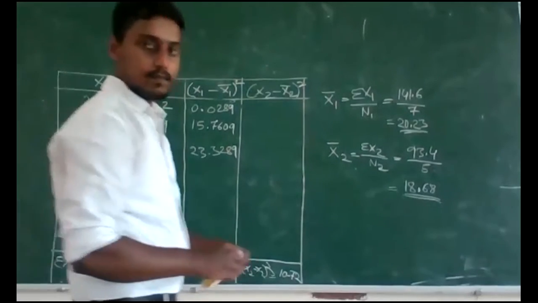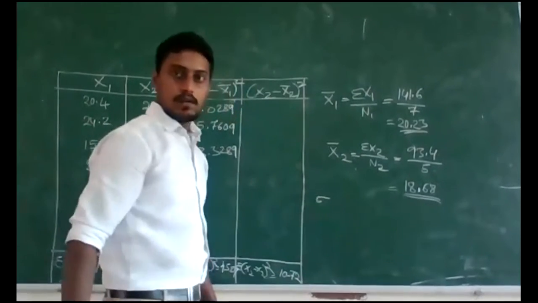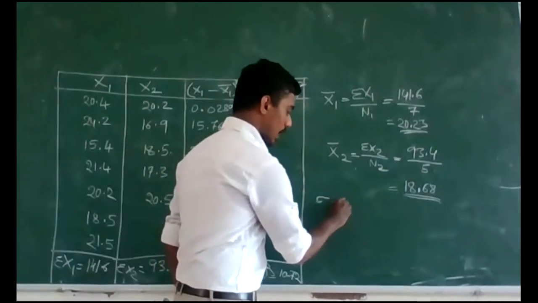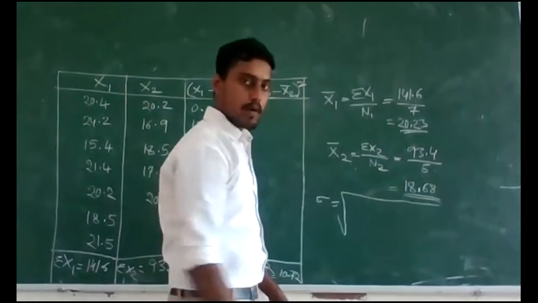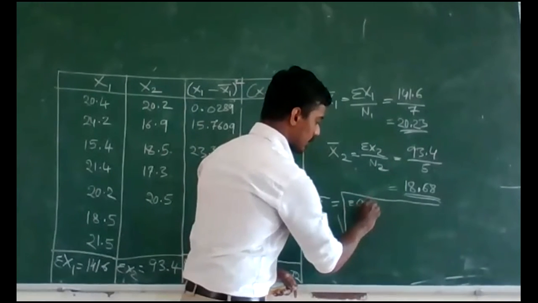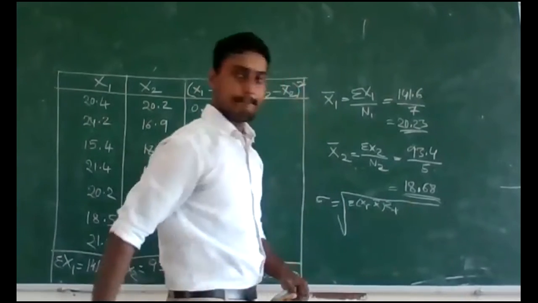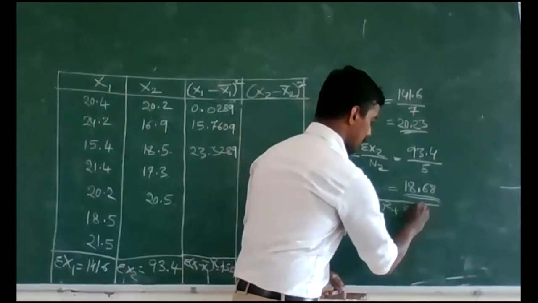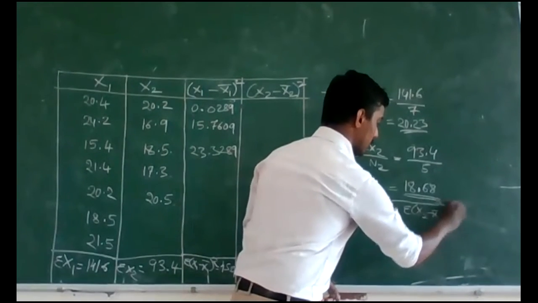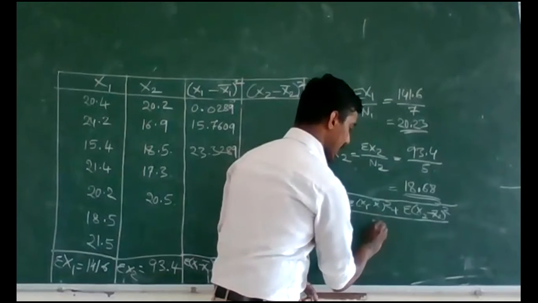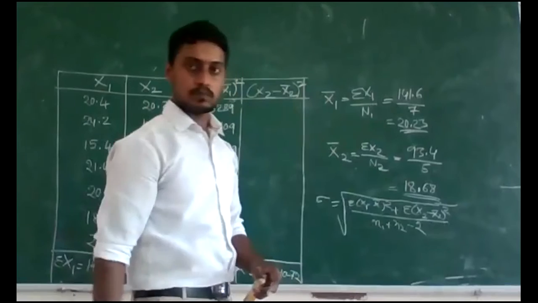Next, calculate the combined standard deviation. The formula for combined standard deviation is square root of summation of x1 minus x1 bar whole square plus summation of x2 minus x2 bar whole square, divided by n1 plus n2 minus 2.